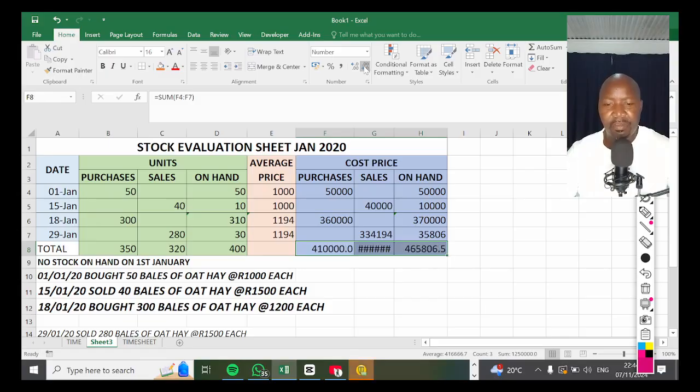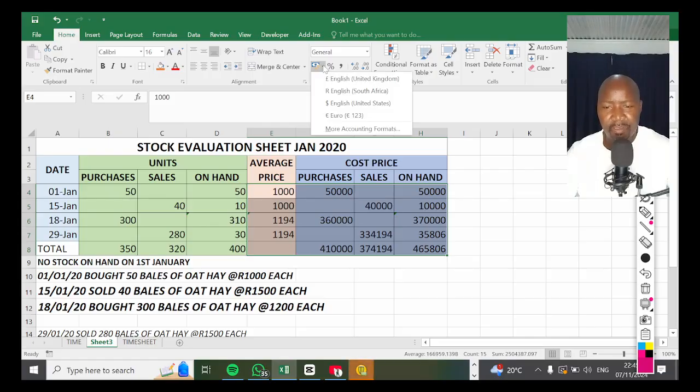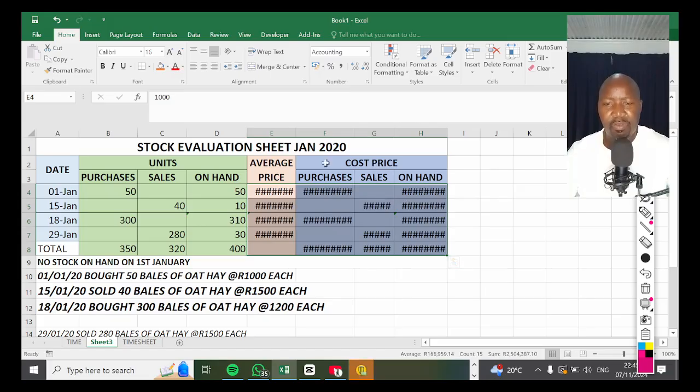And then remove decimals. If they want currency, you're going to highlight the money columns only, which means the price and the cost side, the cost price. And then you're going to look for currency, and you're going to look for English, South African rand. Then you have it there.